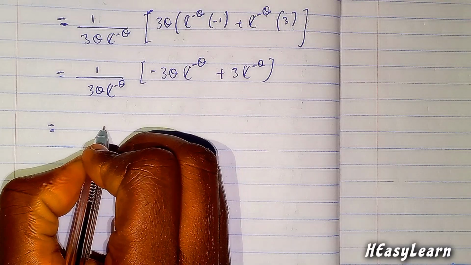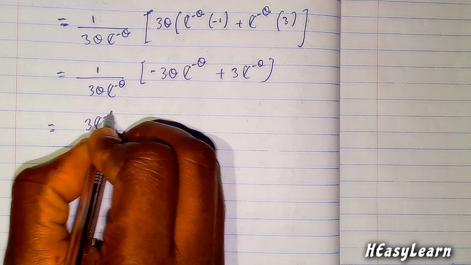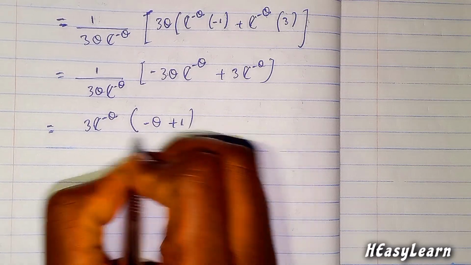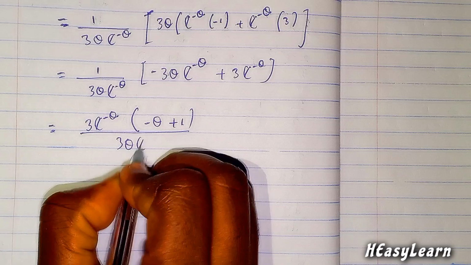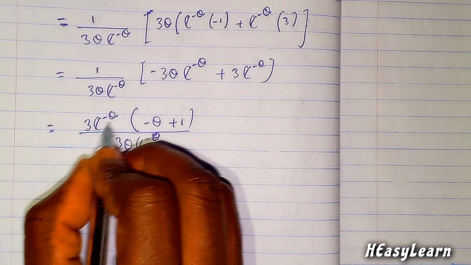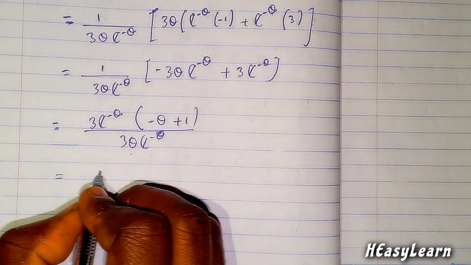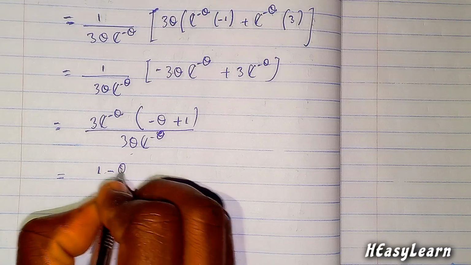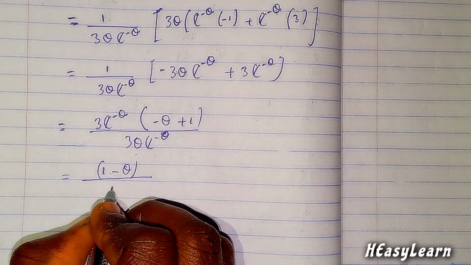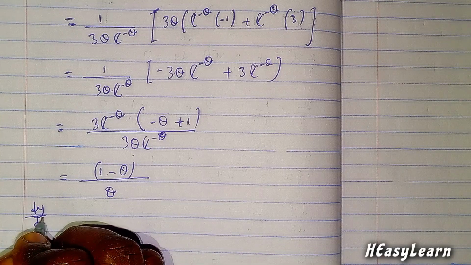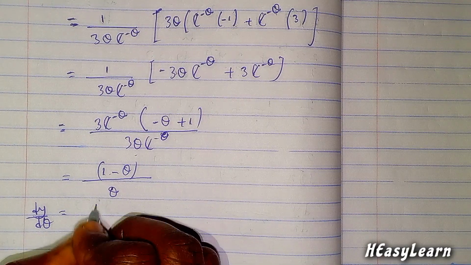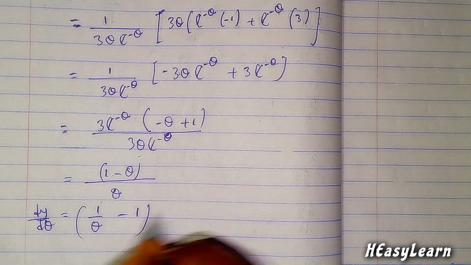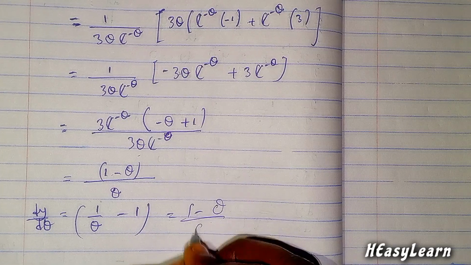In this case, 3e^(-θ) is common, multiplied by minus θ plus 1, divided by 3θe^(-θ). The 3e^(-θ) will cancel with 3e^(-θ), left with 1 divided by θ. So the derivative of the function is 1 over θ minus 1. This is the same thing as 1 minus θ divided by θ.